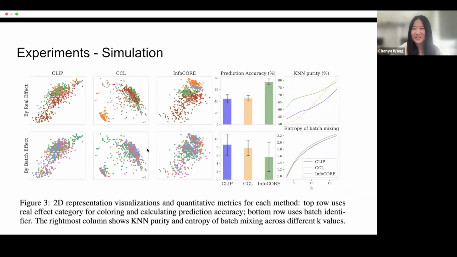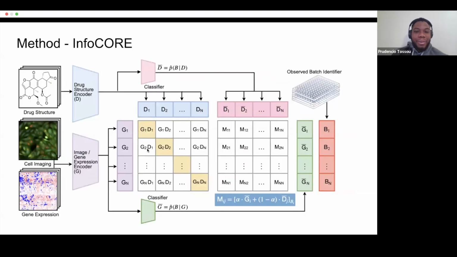Oh, question. Yes. Do you mind going back to the previous slide? How accurate are the classifiers here, given that in some data sets we can have very small batches and some other batches that are very large? How do you deal with that?